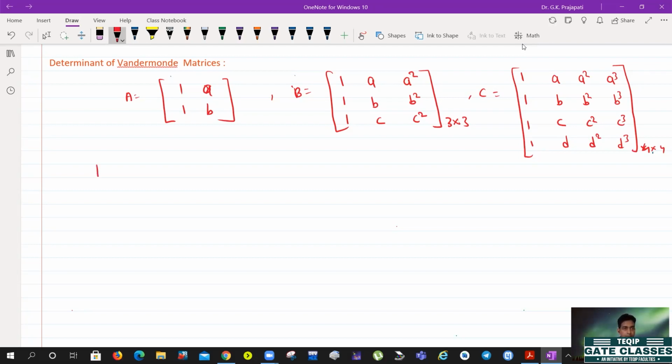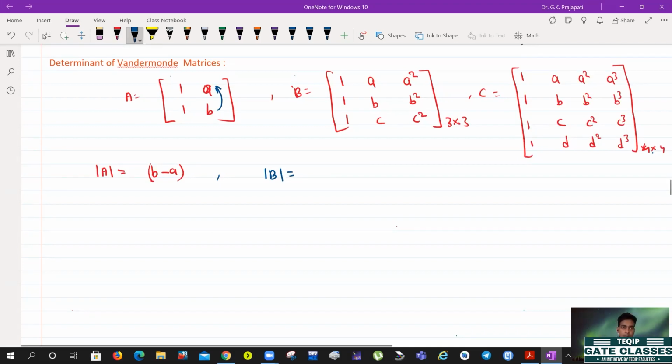Suppose you want to find the determinant of A, then this will be B minus A. That is, you can see here B minus A. Now, if you want to find the determinant of B, then this is very simple.